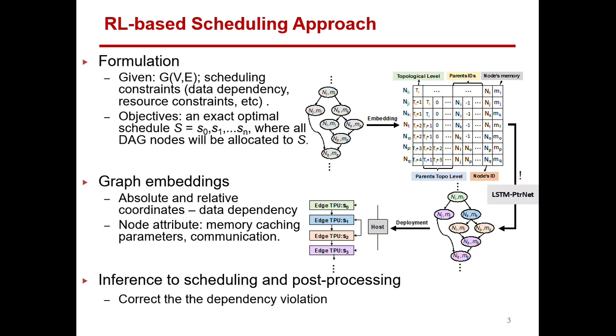The embedding contains 3 important attributes: the absolute coordinates, the relative coordinates, which is the data dependence, and every node's topological level, and the node's attributes. It contains the memory caching and communication cost. After the inference, we do some post-inference adjustment to match the hardware domain knowledge.